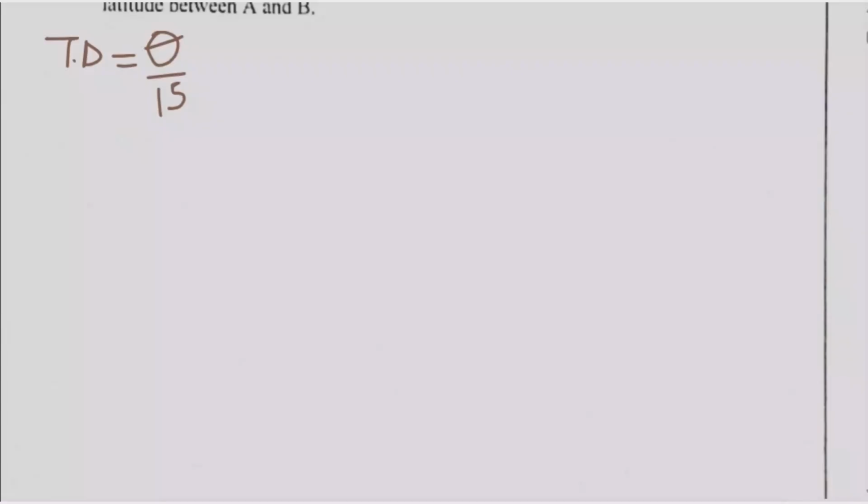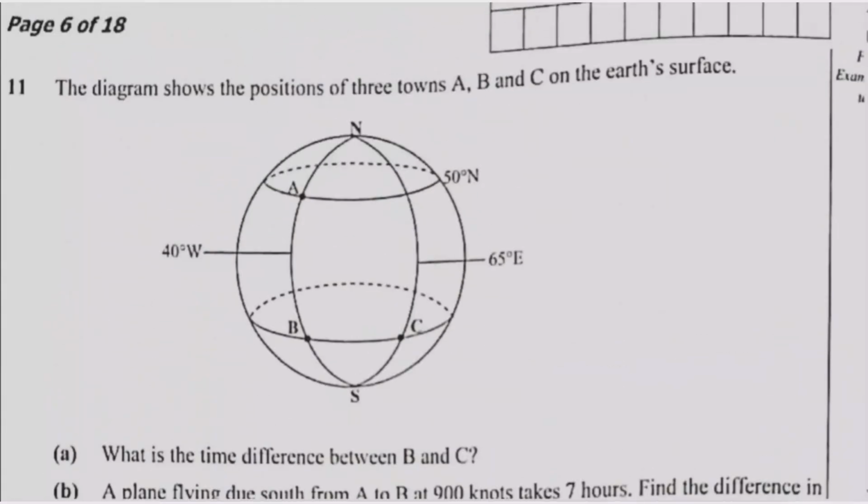Now let's go to the diagram and find the difference in longitude. Looking at towns B and C, town C is sitting on the longitude 65 degrees east, and town B is sitting on the longitude 40 degrees west.